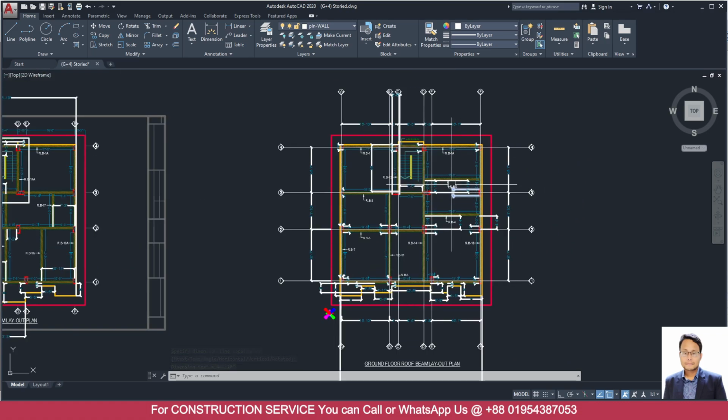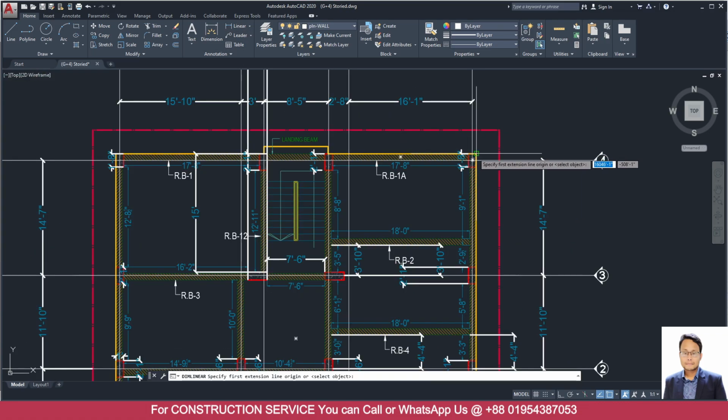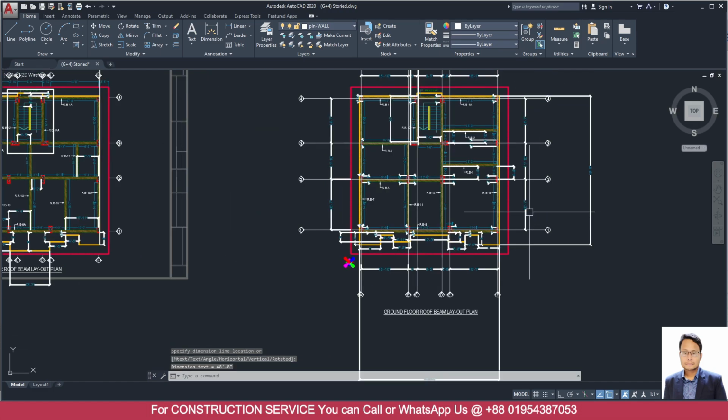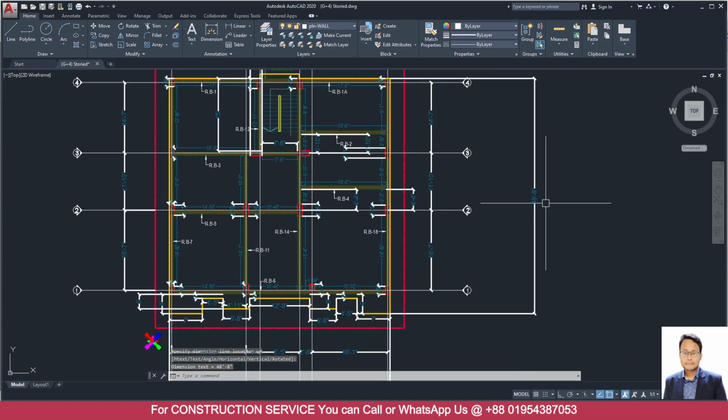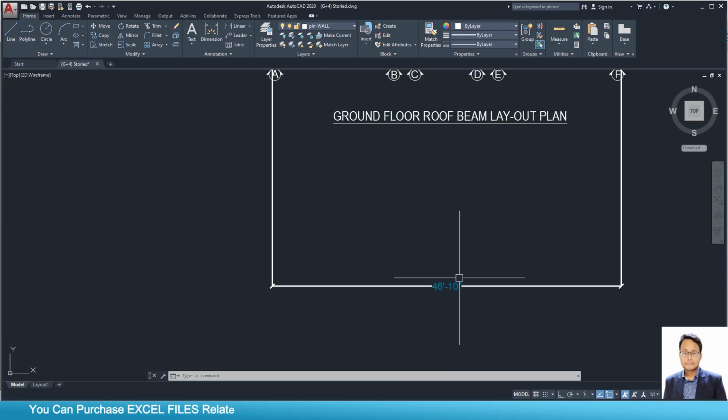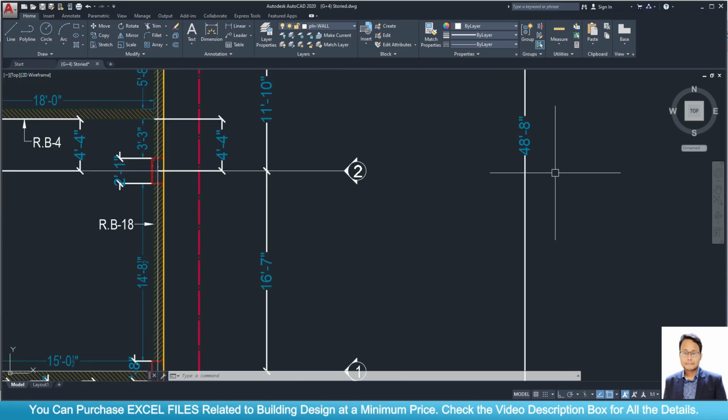And what will be the value of B? The value of B should be 48.6. That means L equals 46 feet 10 inches and B equals 48 feet 8 inches.